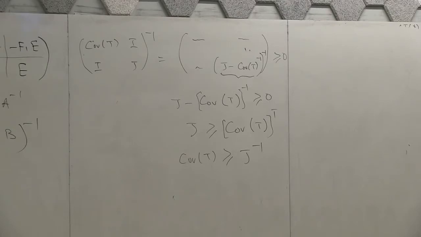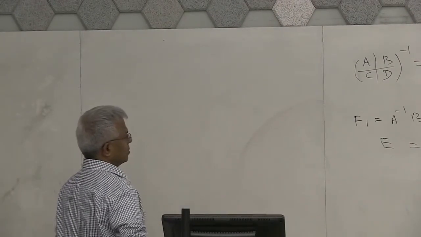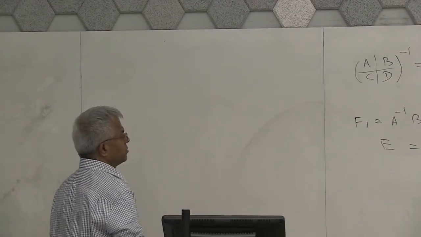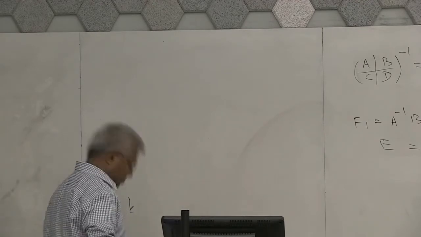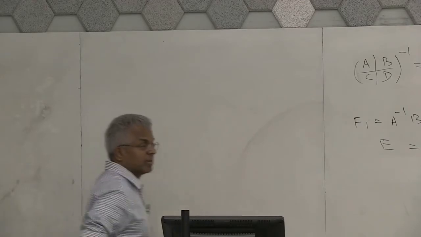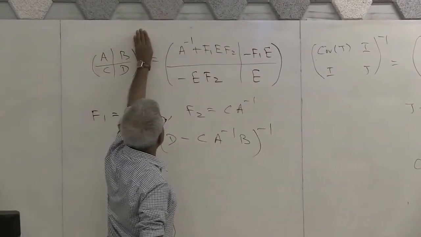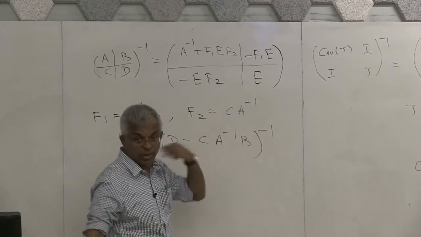So let me try to do an example for you at this point, or at least I'll sketch an example. As I said, this is a useful identity. All you have to do is just multiply the left side and right side, and make sure you get I. That's what I mean by identity.